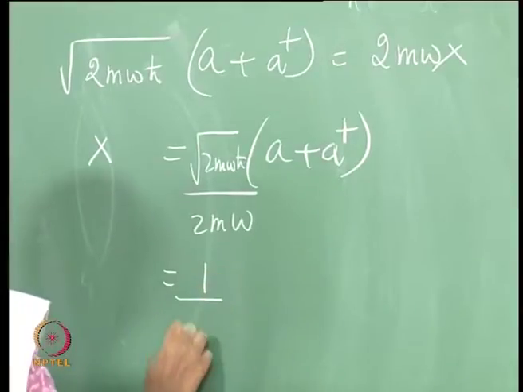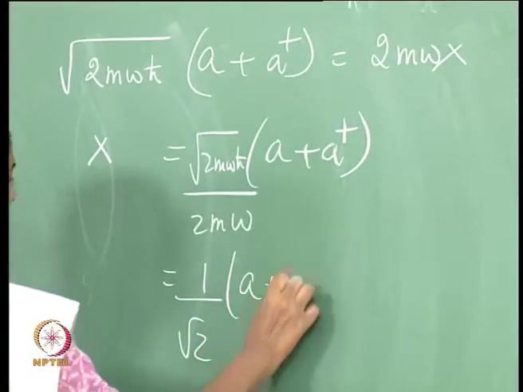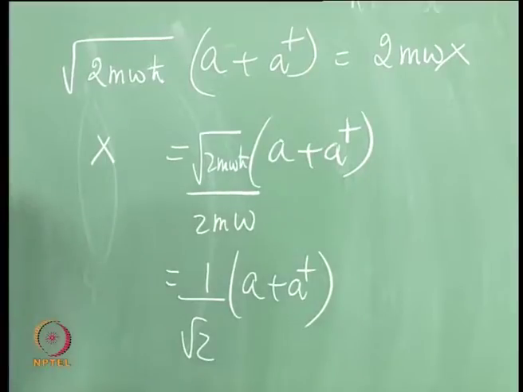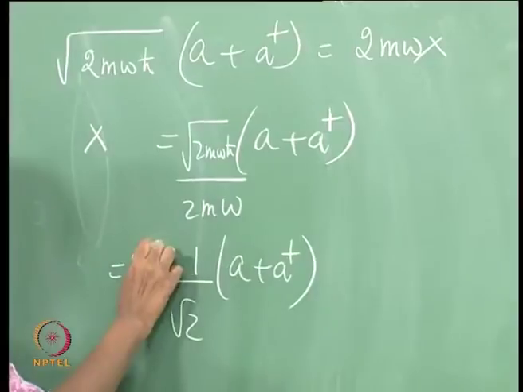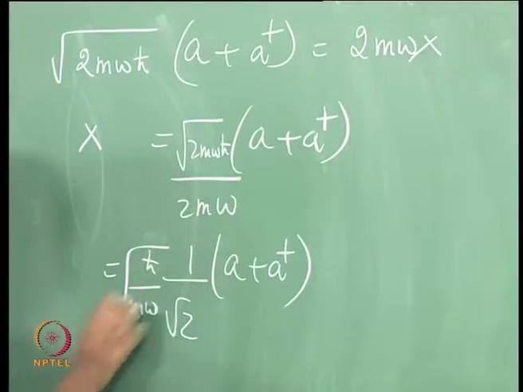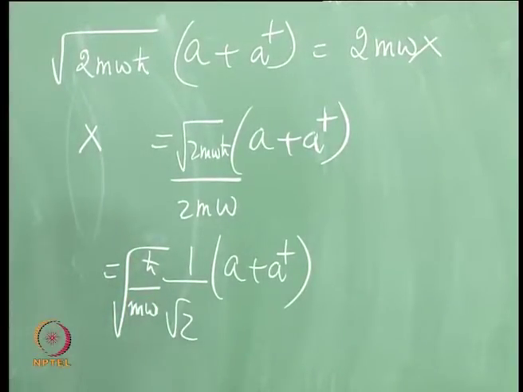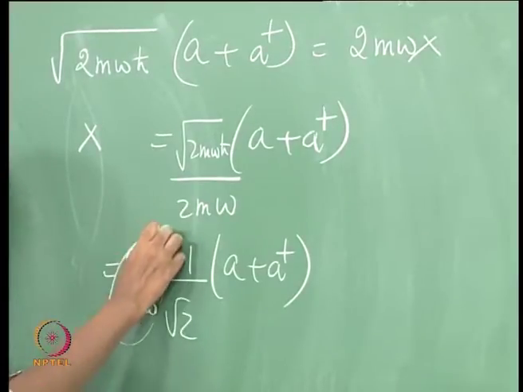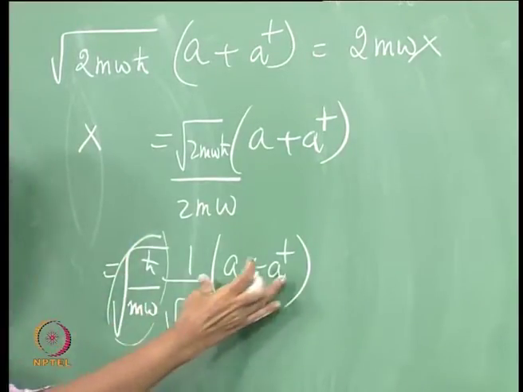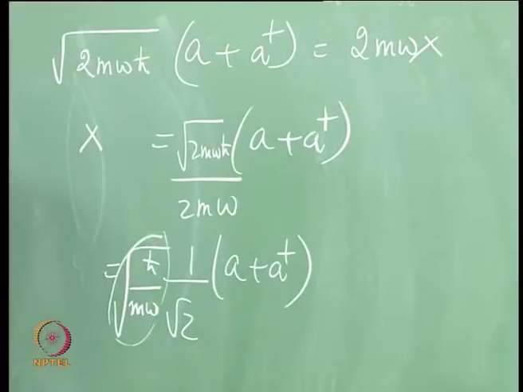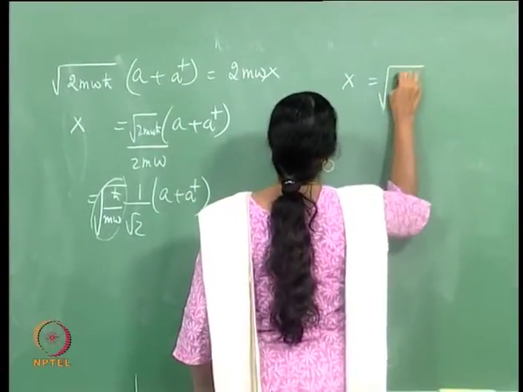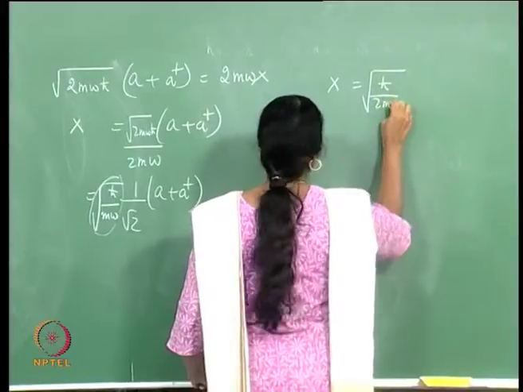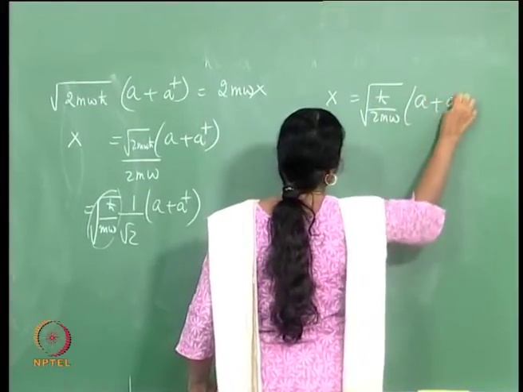That already gives me a 1 by root 2 (A plus A dagger). This multiplies root of h cross by m omega. As I pointed out earlier on, this has the dimensions of length, this is dimensionless, and therefore we get x with the correct dimensions. So, let me write it here, x is equal to root of h cross by 2 m omega (a plus a dagger).